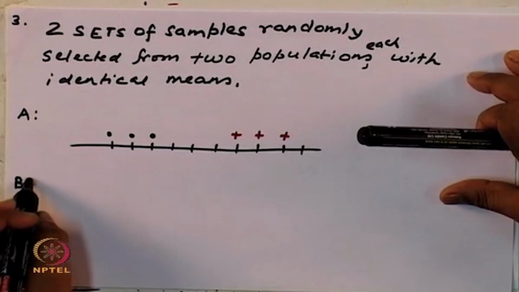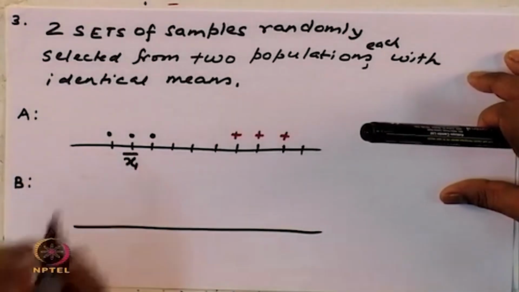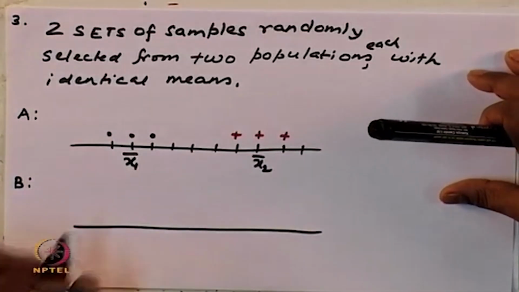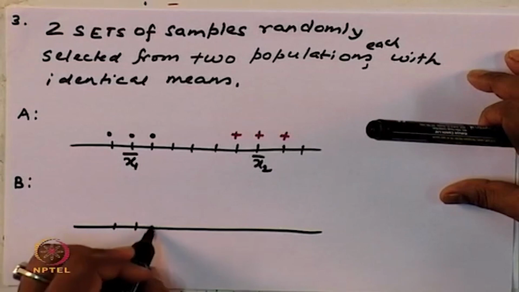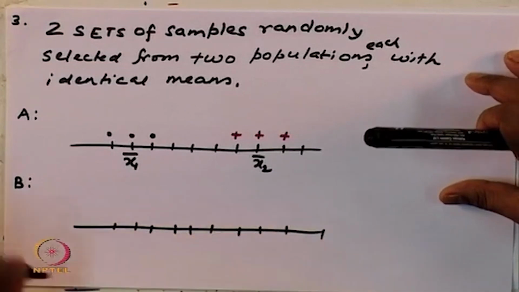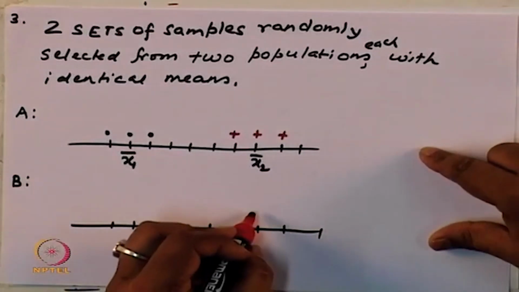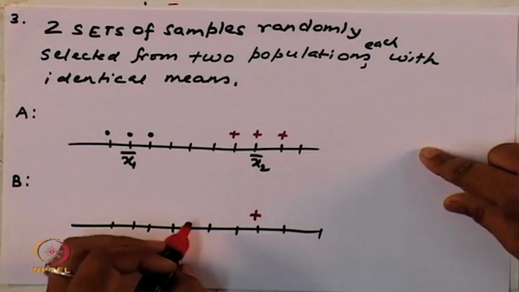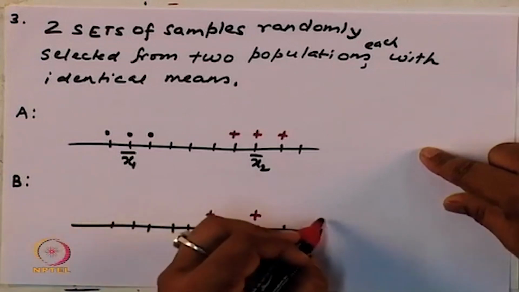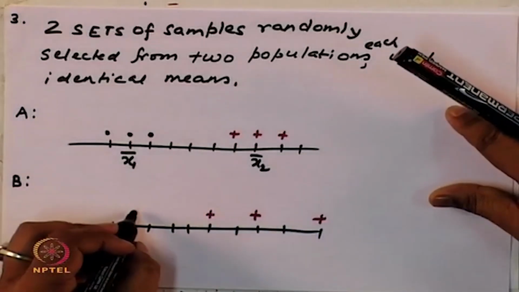Imagine the other scenario. This is your x1 bar and this is your x2 bar. In the other case, let us say you have one population here.